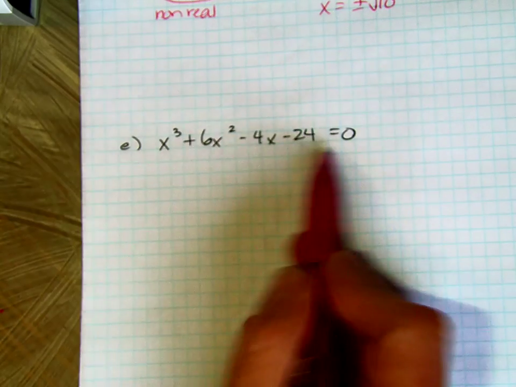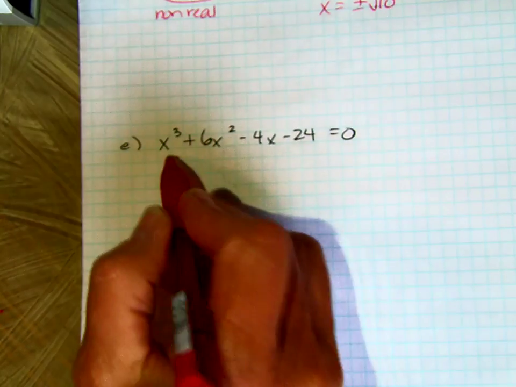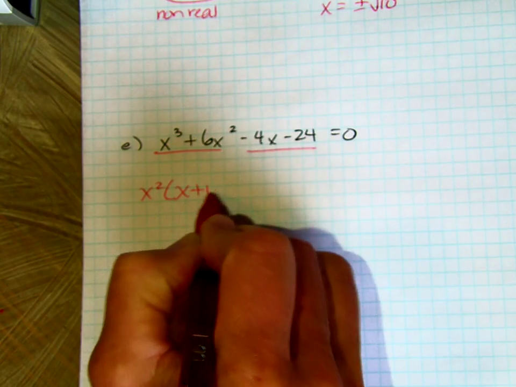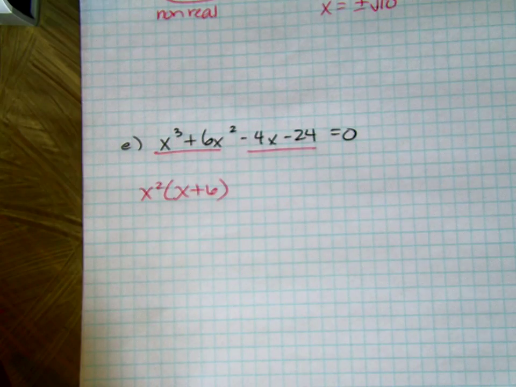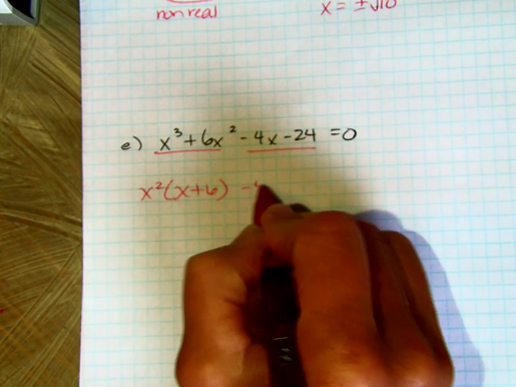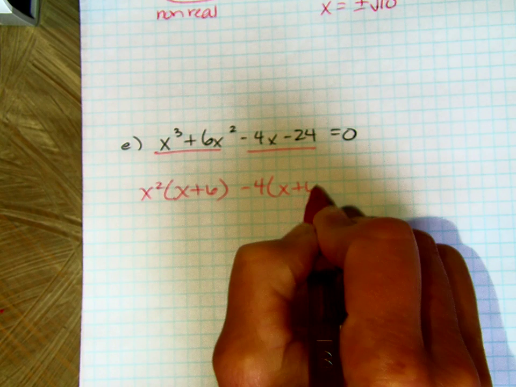Oh, and factor by, as soon as you see 4, you should think factor by grouping. Here's a group, here's a group. All I can do out of here is get an x squared, so x plus 6. Going to factor out that negative 4, so I get the nice x plus 6.